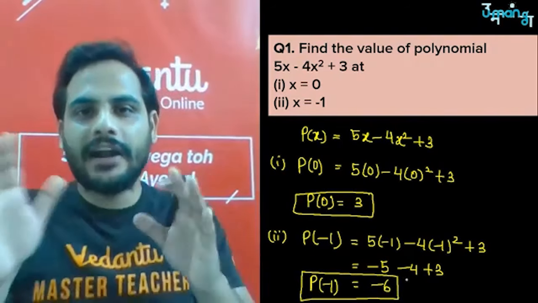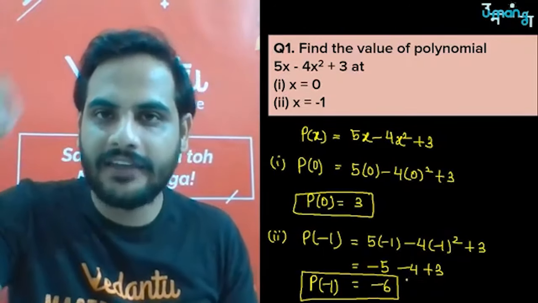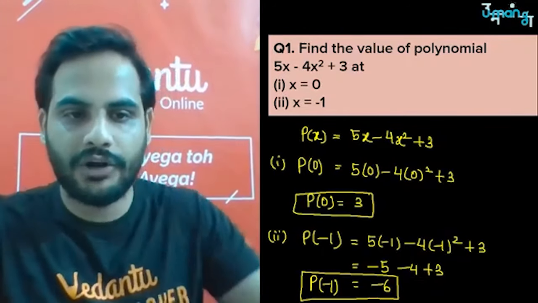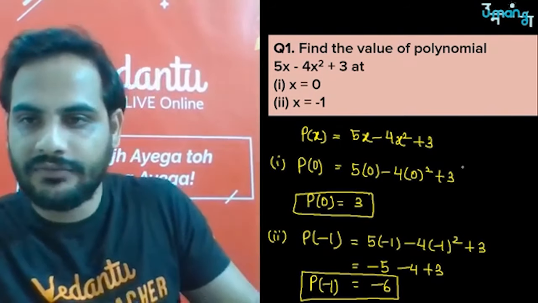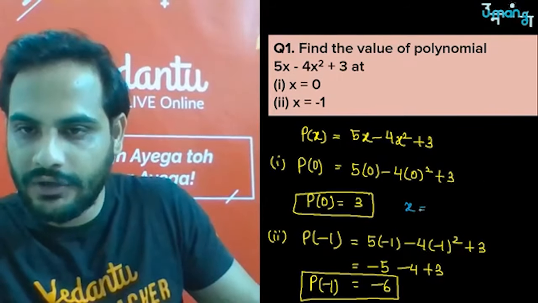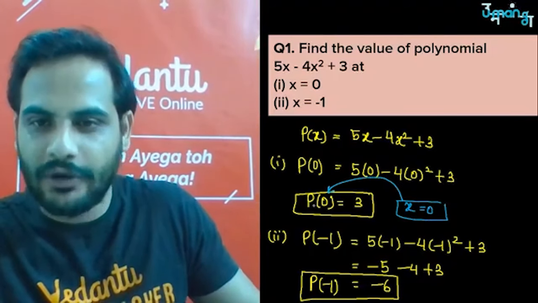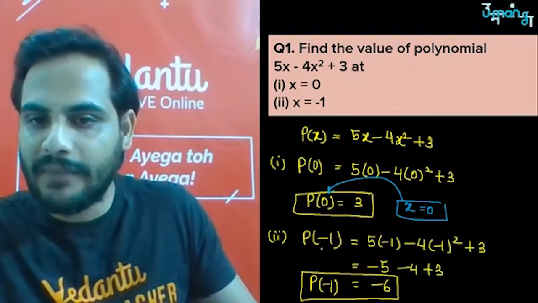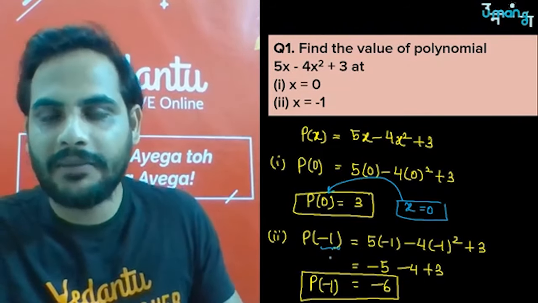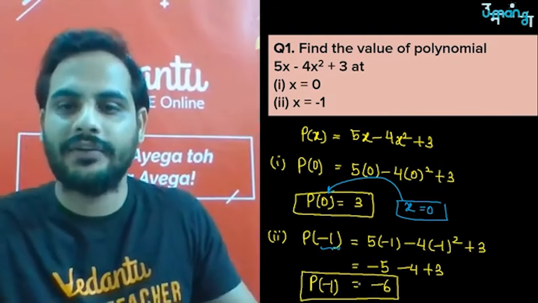Got it? So there are two different things. One is the value of the variable, that means what value of x you are putting in this polynomial. So in case 1, the value of the variable is 0, and at x is equal to 0, the value of the polynomial p(0) is equal to 3. In the other case, the value of the variable is minus 1, and the value of the polynomial at x is equal to minus 1, p(minus 1), is minus 6.